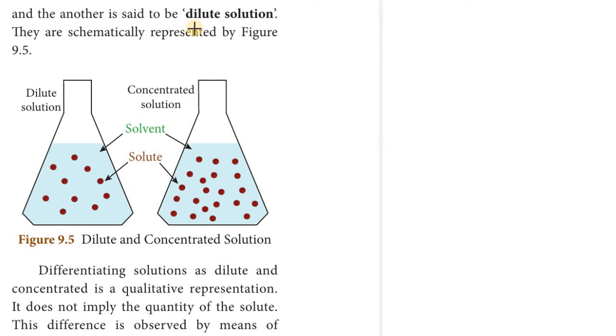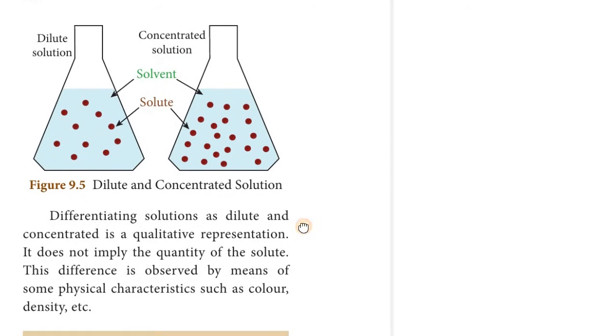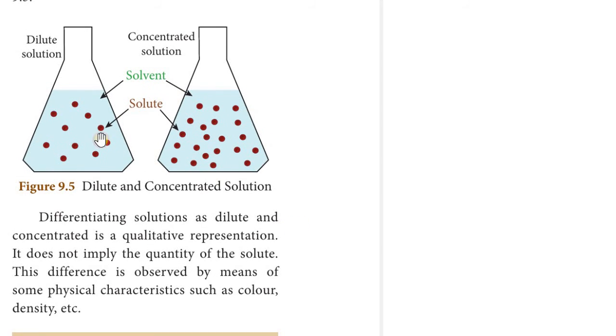And the other one, where the solute amount is lesser, is known as a dilute solution. See, we are showing this in the diagram over here. So this is your solution, this is the solvent, and these are solute particles, right? These are the solvent over here, and these are the solute particles or solute molecules.